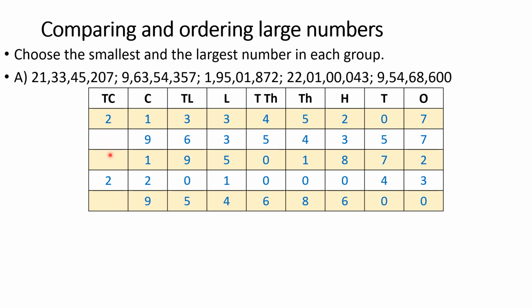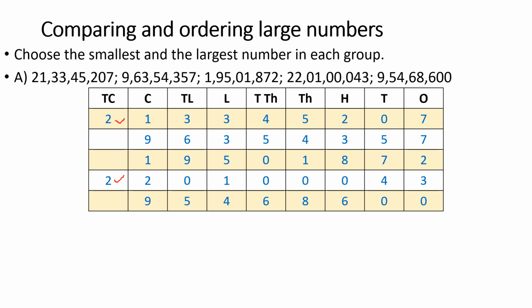So among these 5 numerals we can easily identify that this one and this one, it means this and this, will be larger as compared to the other numerals.